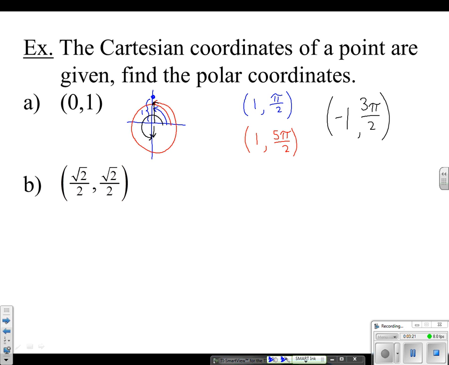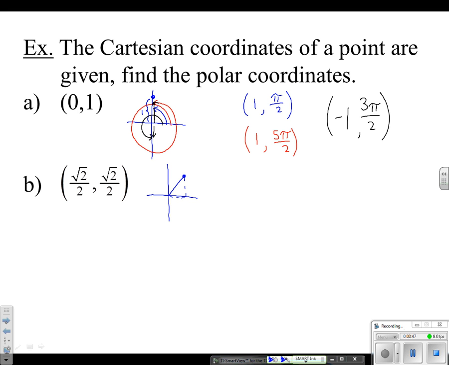Here's another example, root 2 over 2, root 2 over 2. The x and the y have the same coordinates, so it'll be right here. For my radius, I know that my y coordinate is root 2 over 2 and my x coordinate is root 2 over 2. And so for the distance, we could do a squared plus b squared equals c squared.